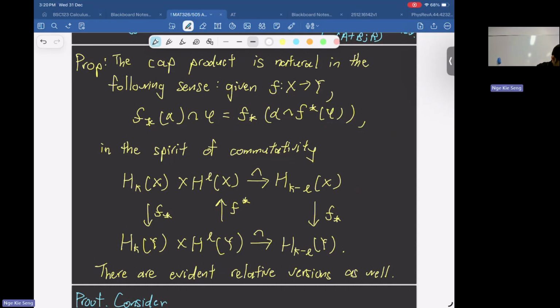So what's the direction here? Maybe we can draw this. You do your f star and then you cap, which is equivalent to you go up here and then go down here. Like that.